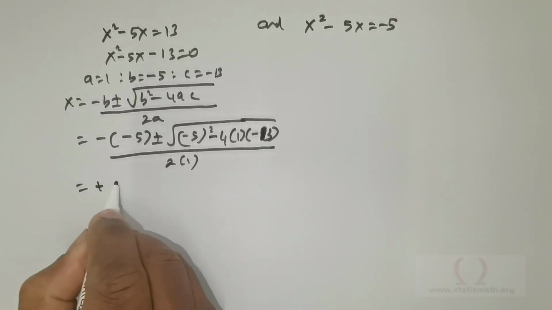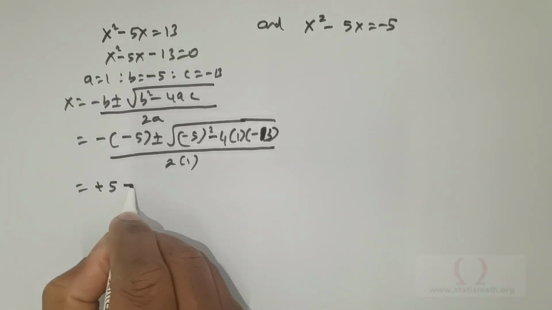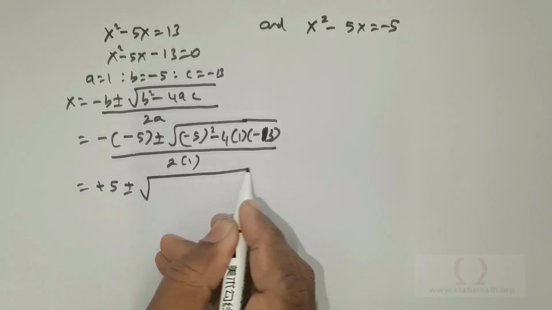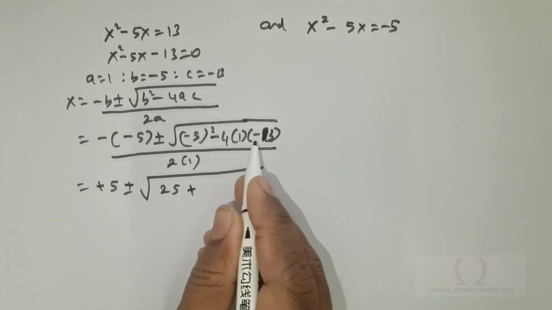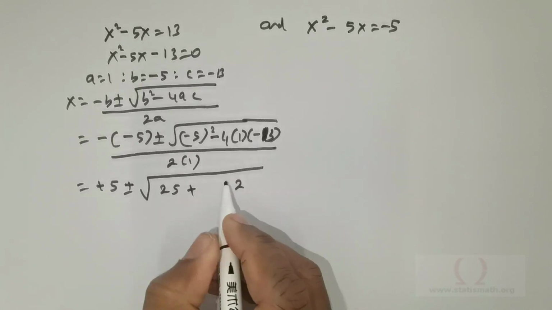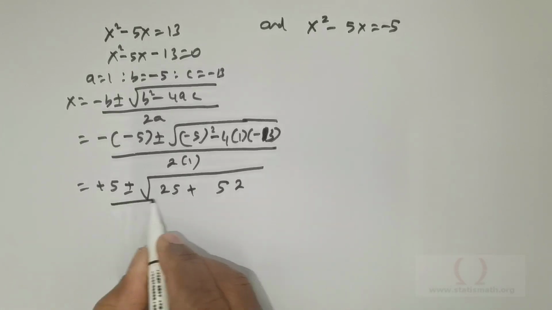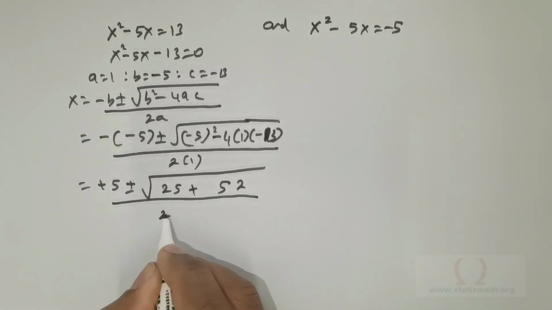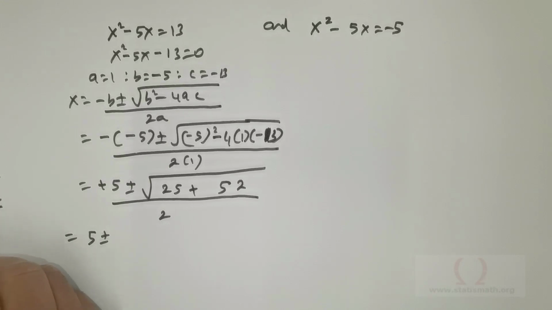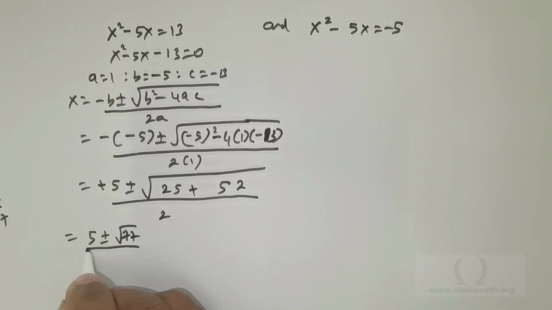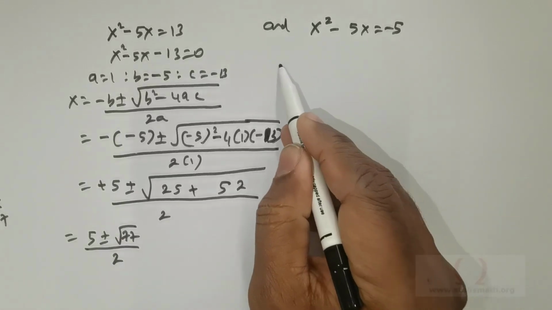So this gives me positive 5 plus or minus the root of 25 + 52, which is 77, divided by 2.